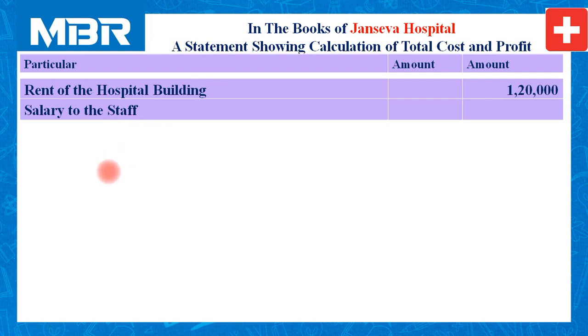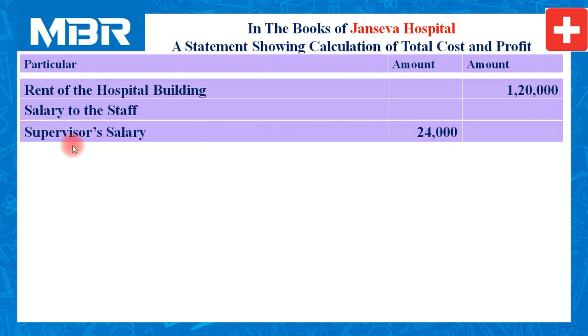Check the question. It is given very clearly. Supervisor's salary 24,000 per annum, because this figure is given with the title annual. Suppose this salary represented a monthly figure, we would need to multiply it by 12 to convert it into annual. But for this question, 24,000 is an annual figure.